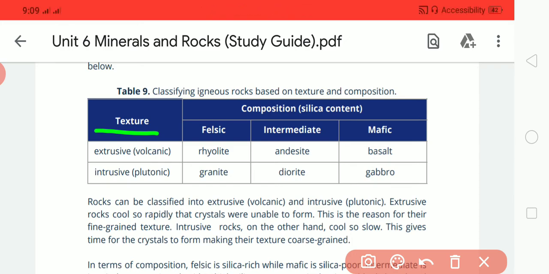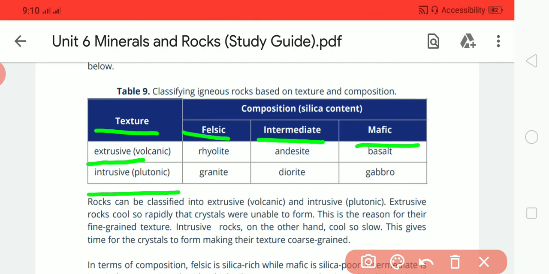Is it extrusive, formed on the surface of the earth, or formed underneath the surface of the earth? Then consider also its composition, or its silica content, or the color of its mineral content. Is it felsic or light colored? Then, is it intermediate or mafic?